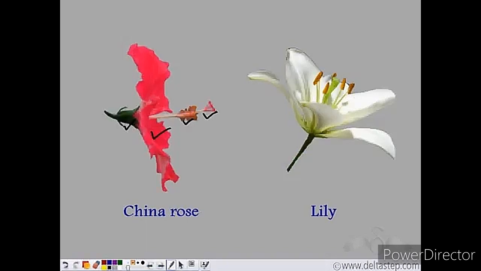You can see the sepals, the petals, the androecium and the gynoecium all are present in this lily flower.